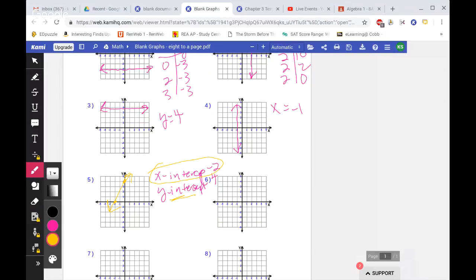What numbers? Those are not specifically on this review sheet. I'm just making sure you understand the concept of what an x-intercept is, what a y-intercept is, and how you can use them to graph.